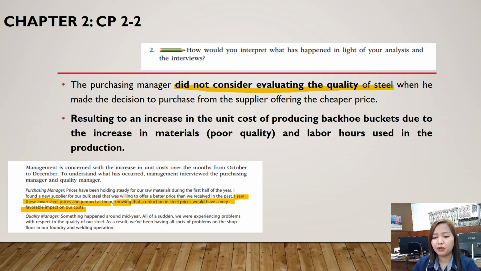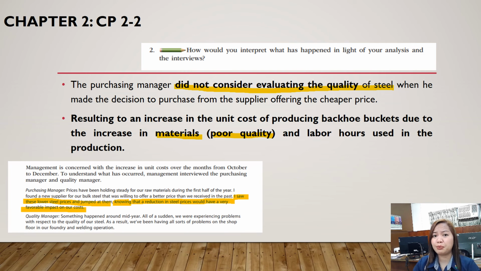This in turn resulted in an increase in the unit cost of producing backhoe buckets because of the increase in the materials used, since the quality was poor. Maybe in casting, the foundry laborers could not cast, or in welding, the laborers could not weld properly, because the quality of the materials was poor.